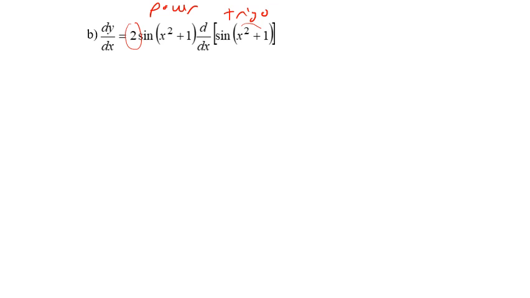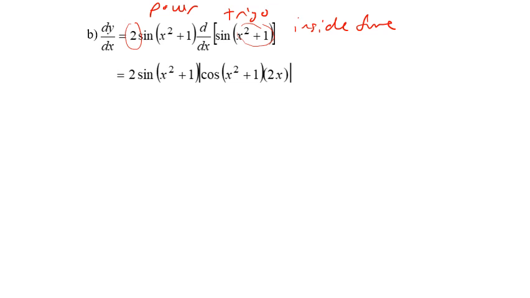And then don't forget, later on, we have to differentiate the inside function here. So here we have three layers of differentiation: power, trigo, and inside function. The power is already settled. So we still need to differentiate trigo. Differentiating sine, we get cos.